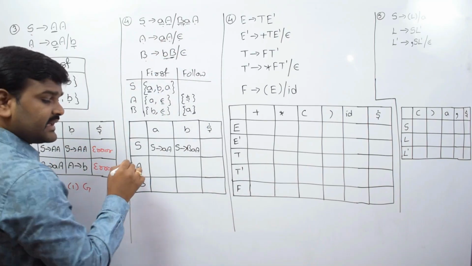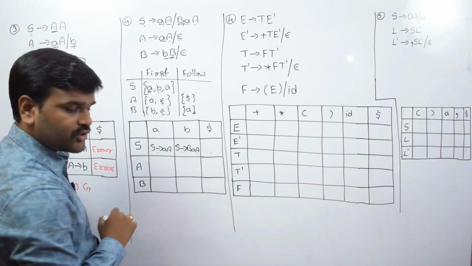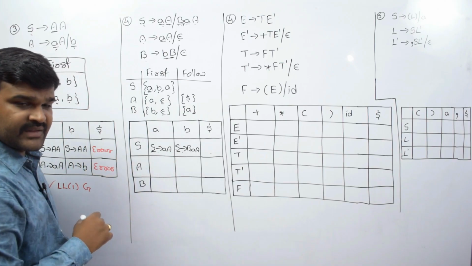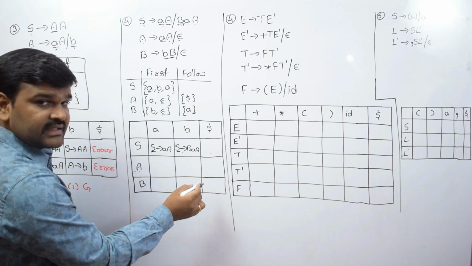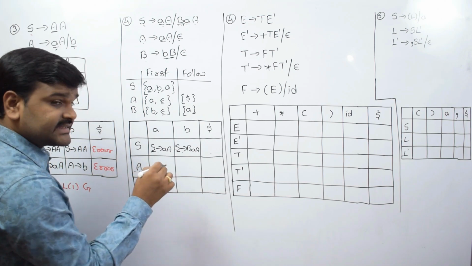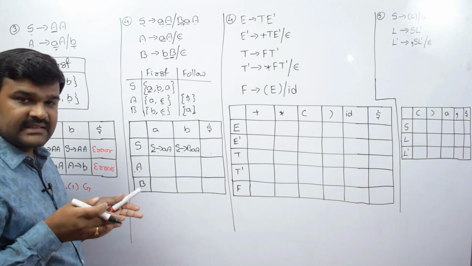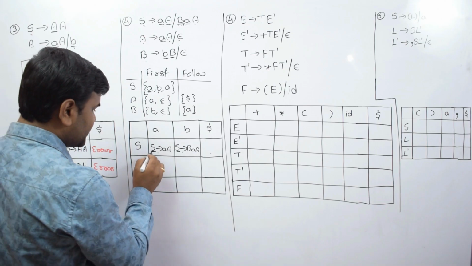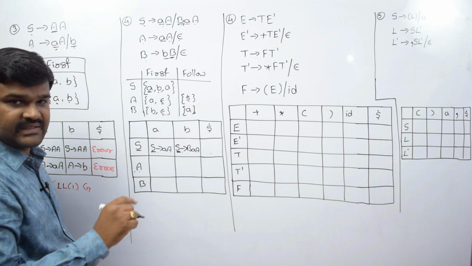Otherwise, if this is the S row, all productions in that S row have the LHS part definitely the same S. Whatever non-terminal row you have, that non-terminal only will exist in the LHS part. That is the blind rule, because that non-terminal only you are expanding. So the same non-terminal will exist in that particular non-terminal row.